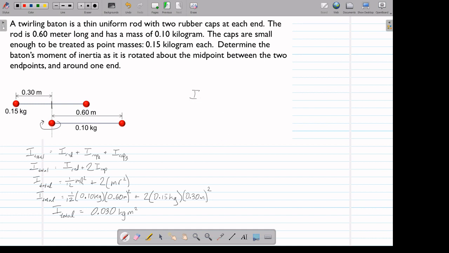Okay, so we'll say that I total is equal to the moment of inertia of the rod plus, okay, we don't have to consider both end caps because one of the end caps is in the middle here and we're treating it as a point mass, so it's not really doing anything, it's just sitting there. So we only need to focus on this one way out here that's swinging around the midpoint. So we will just have the moment of inertia of one end cap.